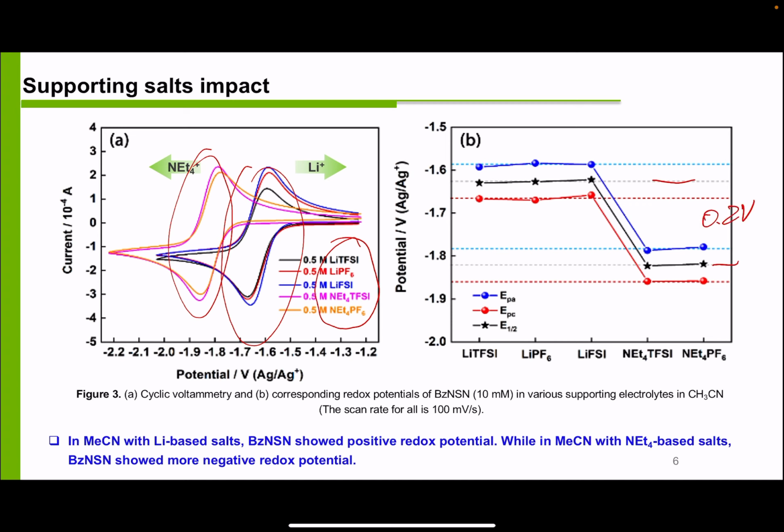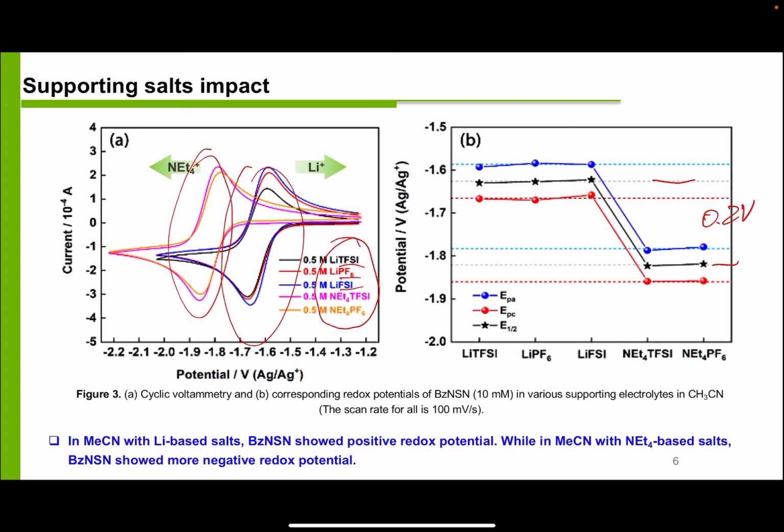So from this test we can learn 2 things. First of all, the anions of this supporting salt, the TFSI, PF6, FSI, don't really matter in terms of affecting the redox potentials. Second of all, compare lithium and ammonium. Those are very different cations.